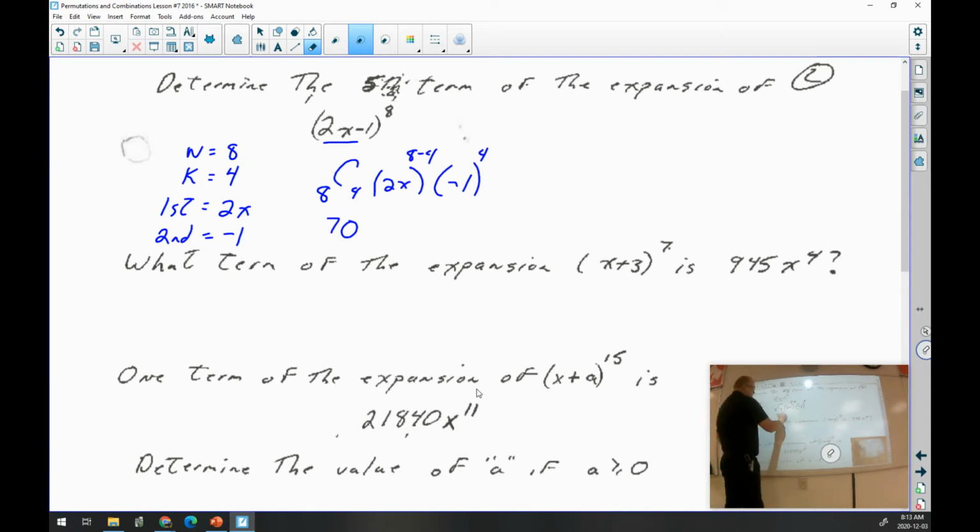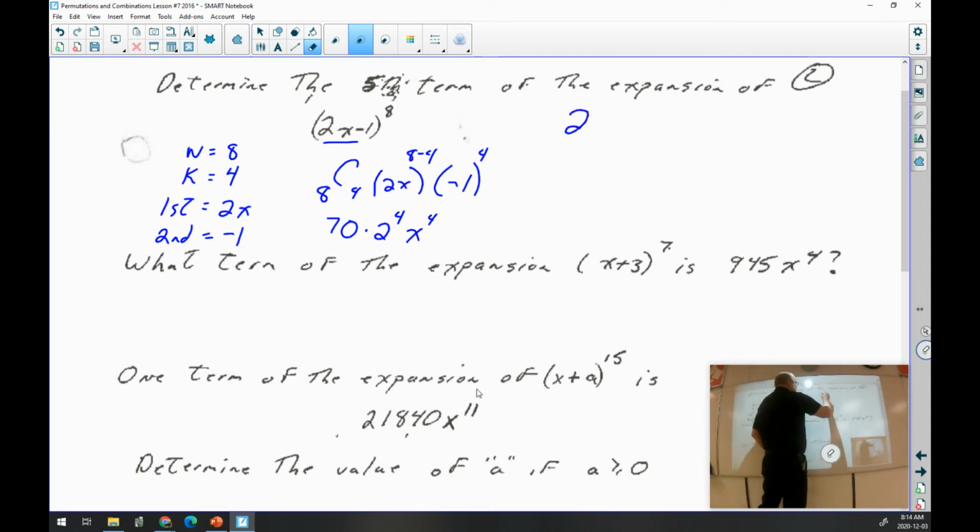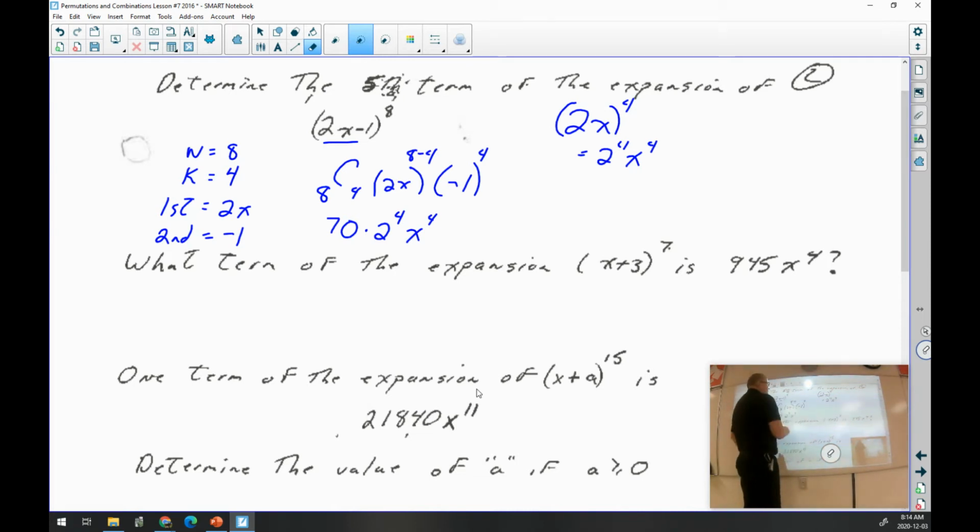That is also raising 2 to the power of 4 in addition to x to the power of 4. Anything in a bracket has to be applied to both. And then -1 to the power of 4 is a positive 1, so we'll just write that. Now I'm just going to multiply 70 by 16. We have 1120 x to the 4 is our fifth term of that expansion.